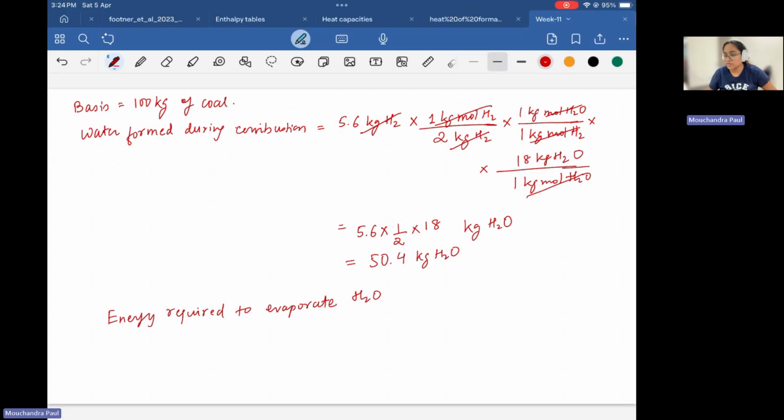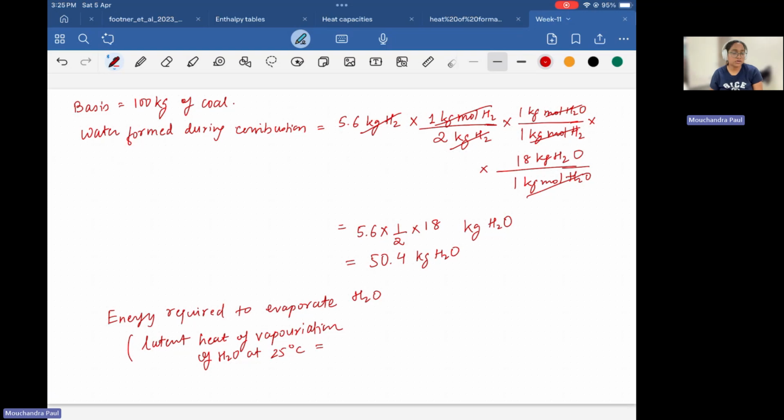For this, we have to take the value of latent heat of vaporization of water at 25 degrees Celsius.